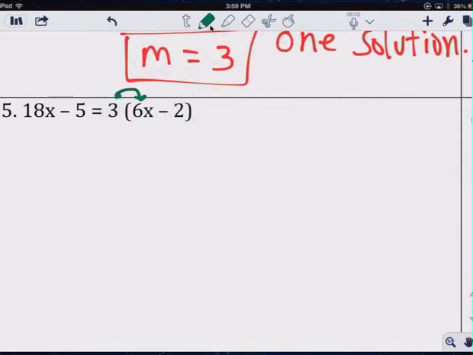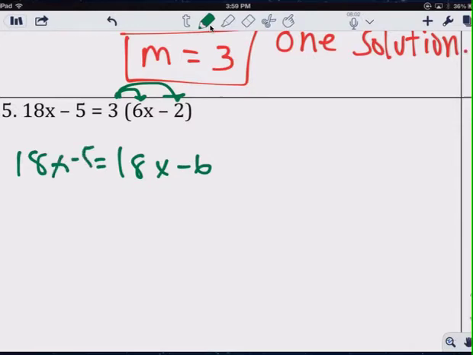Here we go. Distribute. 18x minus 6, 18x minus 5. Notice here the coefficients next to the variable are the same. It's called coefficient. Any number that's next to a variable is called a coefficient.